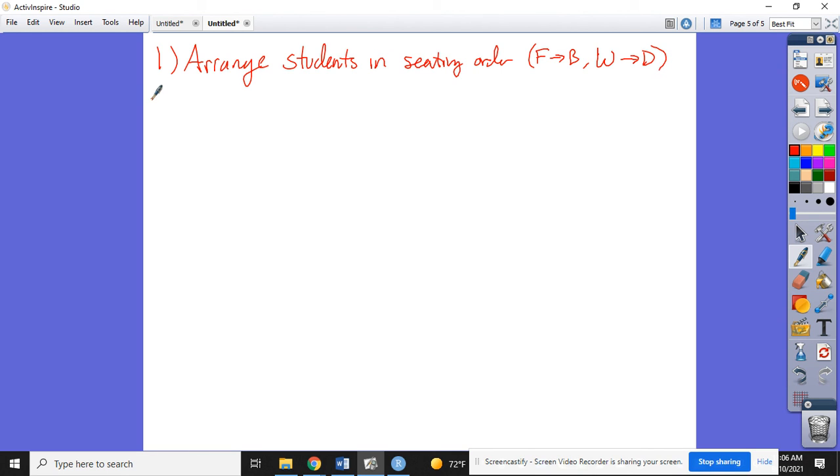What would my second step be? Assign each individual a unique number. So assign each student a unique.